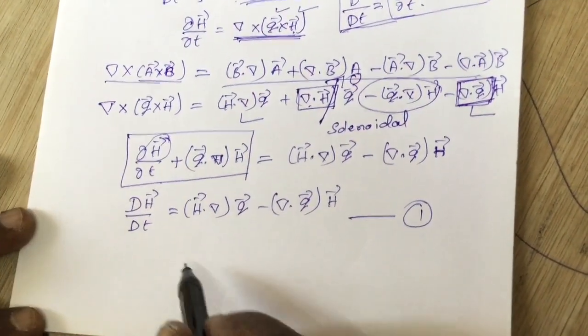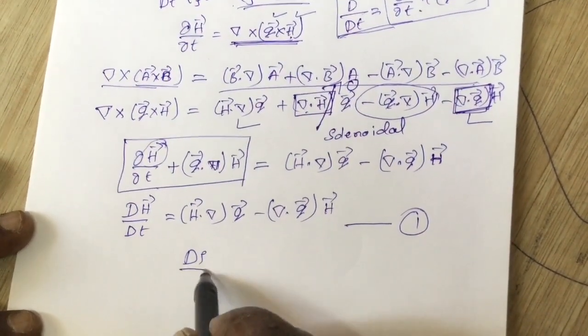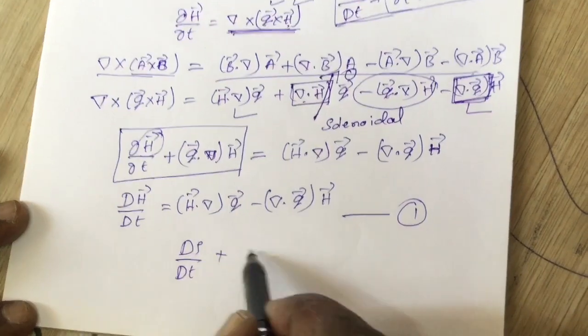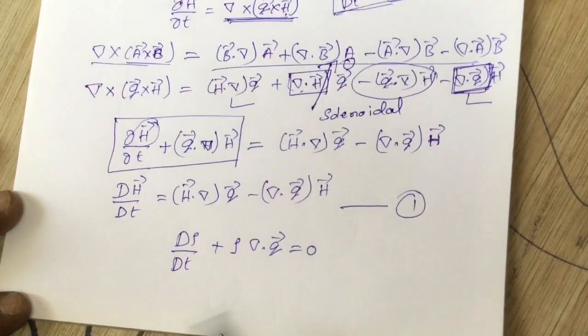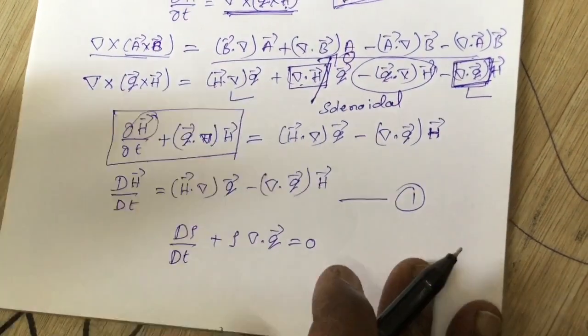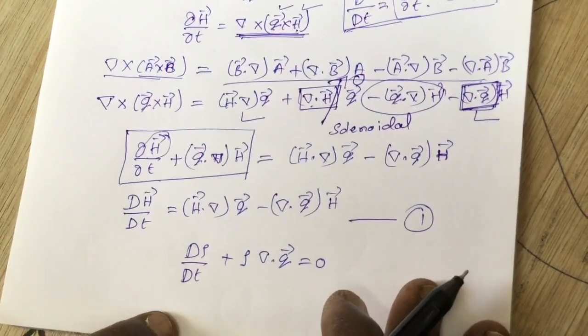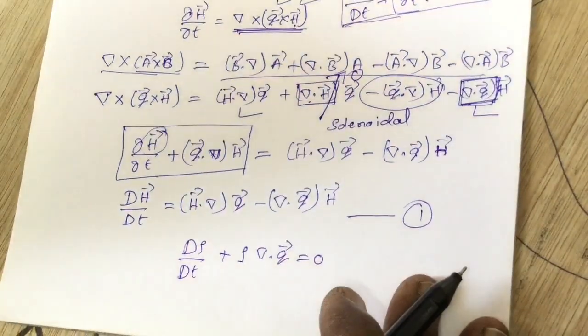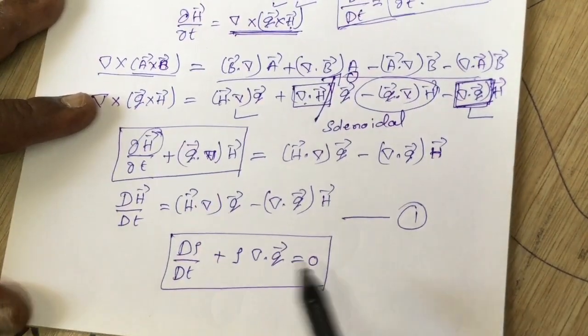Now, from the continuity equation, you know that d rho by dt plus rho into del dot Q is equal to 0. We proved it, we rewrite this equation in this form in classical MHD. That's why your continuity equation can be written in this form.